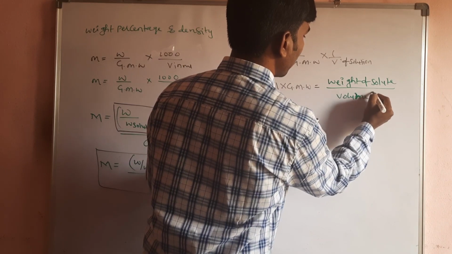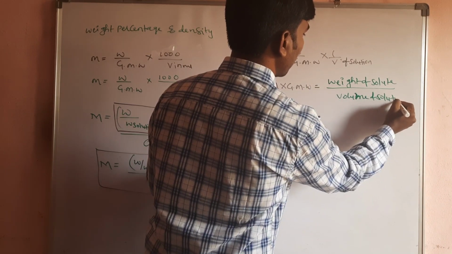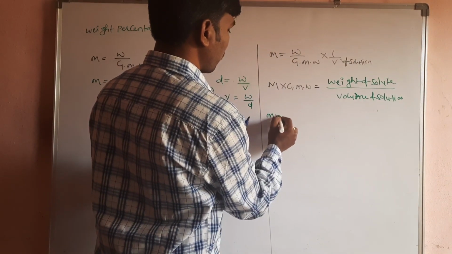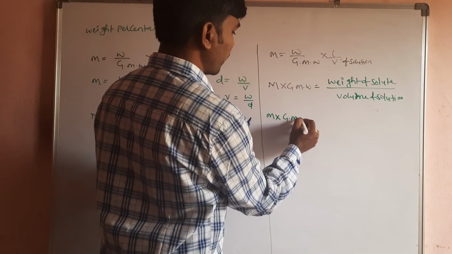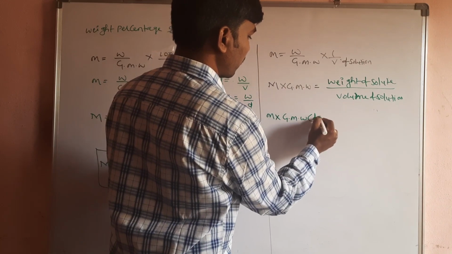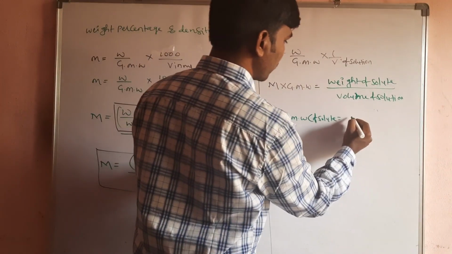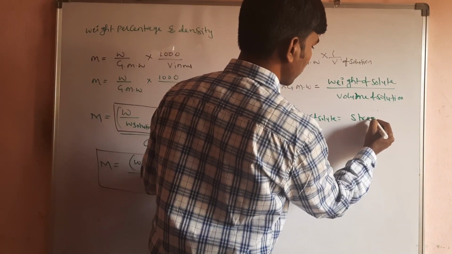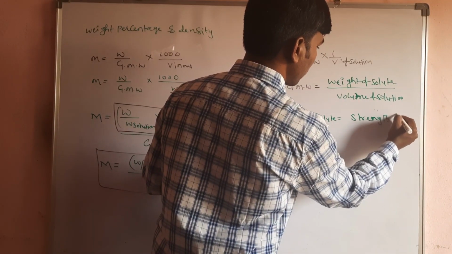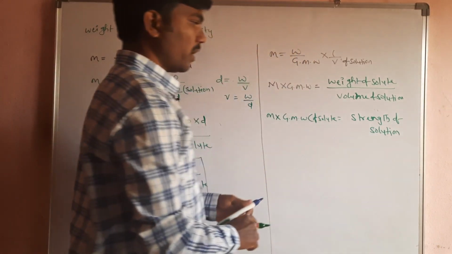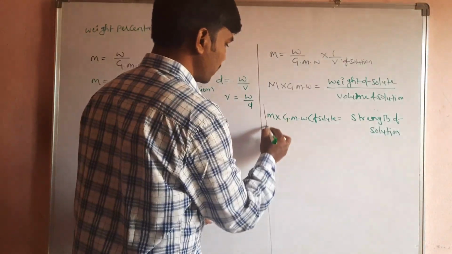So molarity into gram molecular weight of the solute is equal to the strength of a solution. If you know molarity and gram molecular weight, then we can calculate the strength of a solution also.